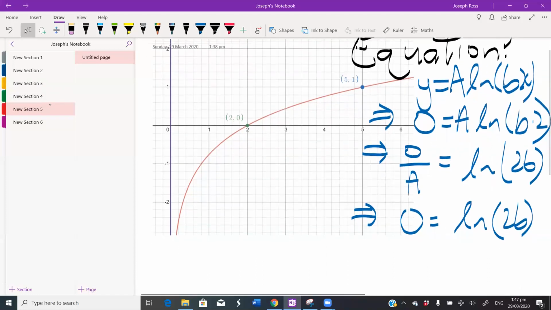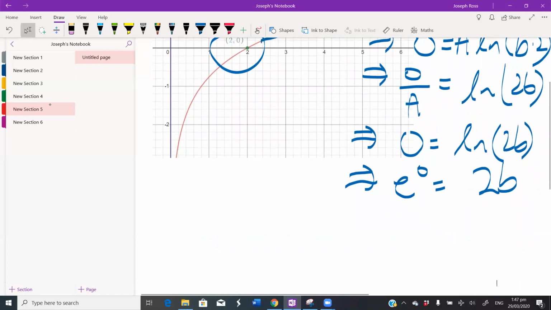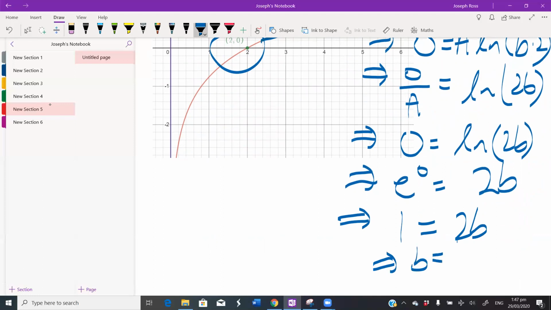To get rid of the ln, we need to take e to the power of both sides. e to the 0, which is the opposite of ln, gives us 2b, and of course e to the 0 is 1. So 1 equals 2b, and therefore b is a half, which is 0.5.